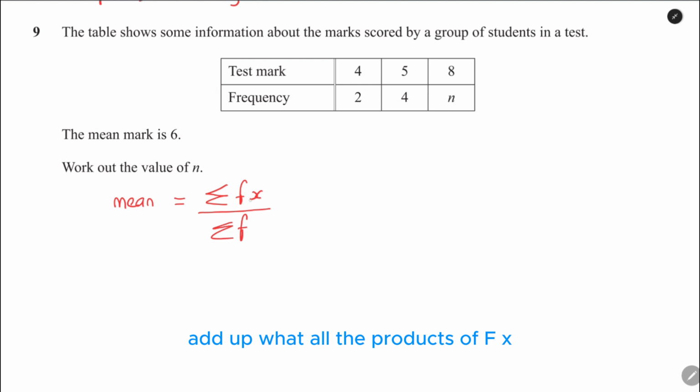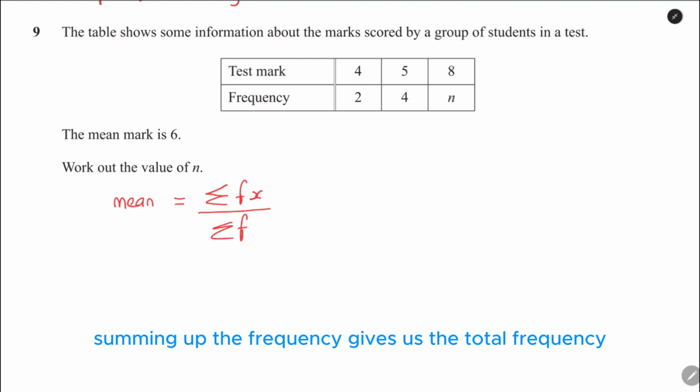All the products of fx, with f being the frequency and x being the mark or whatever the item is. So your mean is given by adding up the product of f and x in each situation, divided by the total frequency, because summing up the frequency gives us the total frequency.